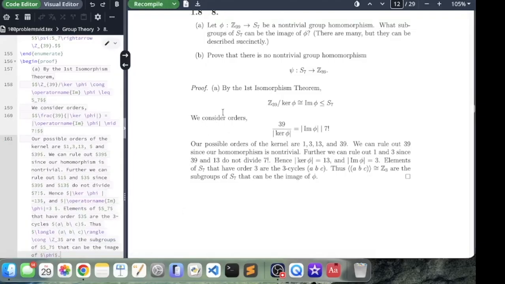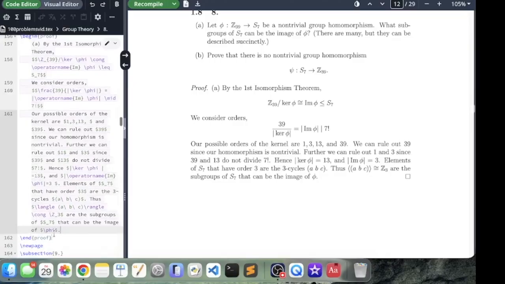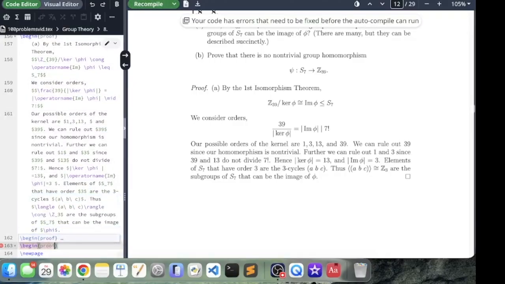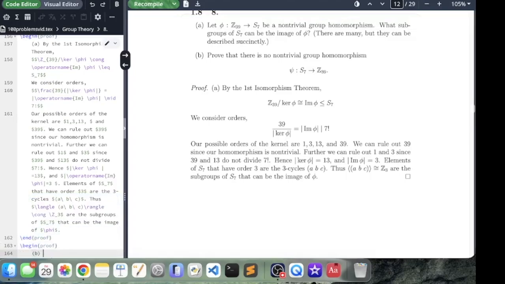Okay, so this is part A finished, and for part B let me begin a proof environment. We're also going to use the first isomorphism theorem again. The difference is the map is now flipped, and we're proving that there is no non-trivial group homomorphism psi that goes from S7 to Z39.